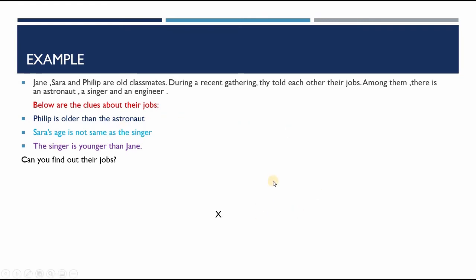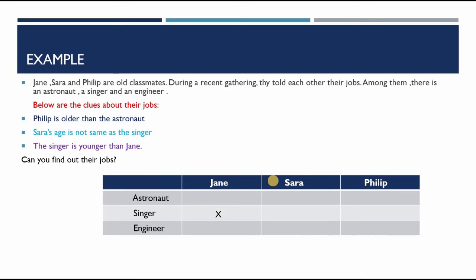Again, if you want to solve this problem, you have to use a table. So I have a table for you here. It looks like this. You have 3 job titles: astronaut, singer, and engineer, and 3 persons.